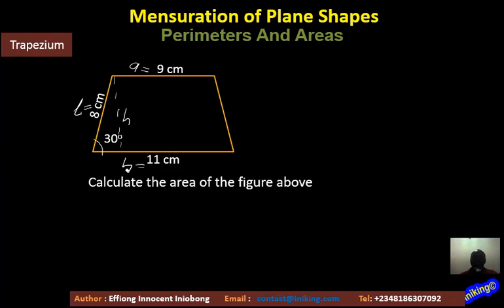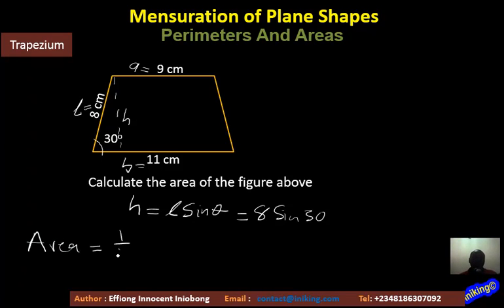As we said earlier on, in order to get the height, our height will be what? H will be simply that length times the sine of the angle theta, which means in this case it will be 8 sine 30. So to find the area, just a piece of cake again.